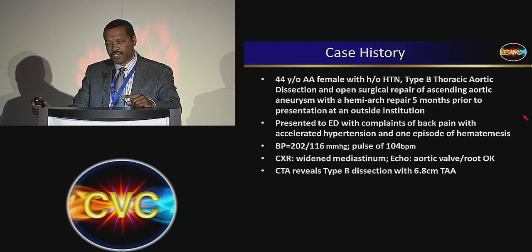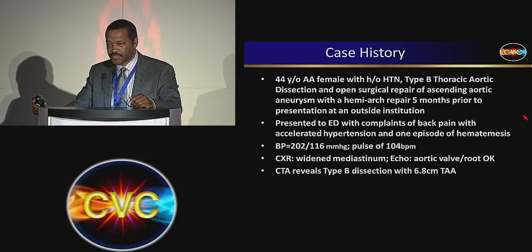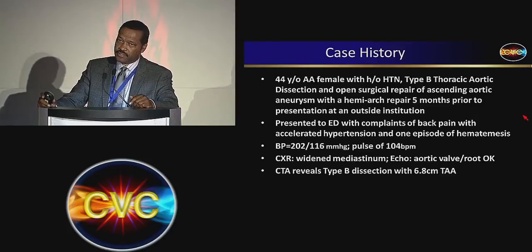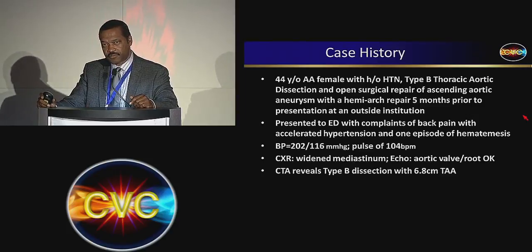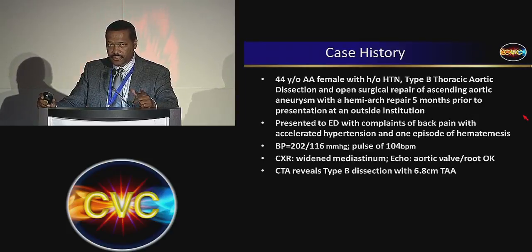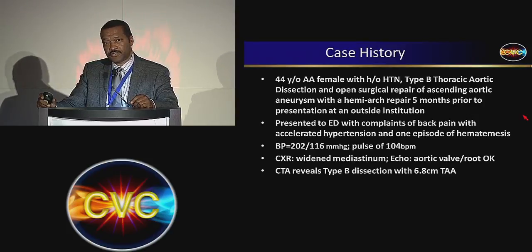However, 5 months prior to presenting to us, she had presented to an outside institution with an acute aortic syndrome, was found to have a type A thoracic aortic dissection that was complicated by retrograde extension and dilatation of her ascending aorta.